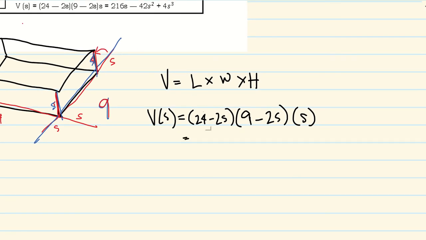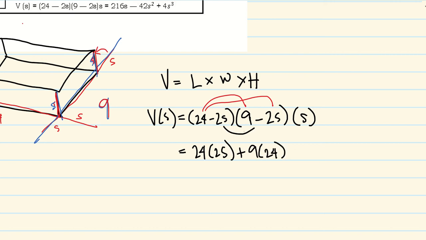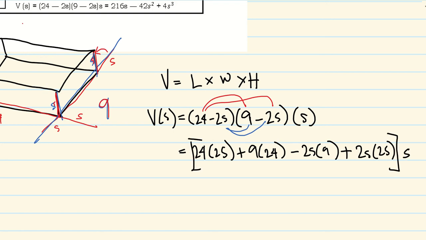First we use the FOIL method: 24 times 2s, plus 9 times 24, and then minus 2s times 9, and negative 2s times negative 2s will be plus 2s times 2s, and this will be multiplied by s.